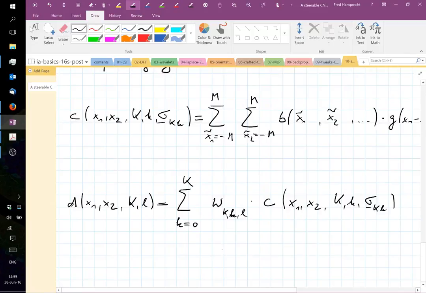And so what we have here is a linear combination of my basis filter bank outputs.